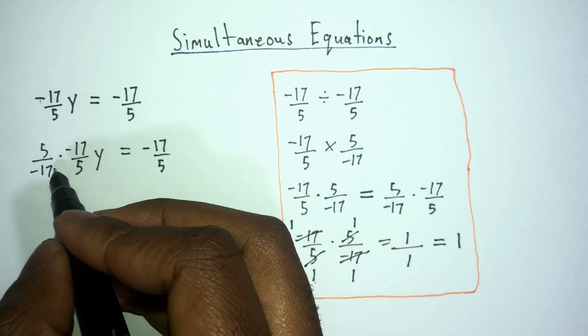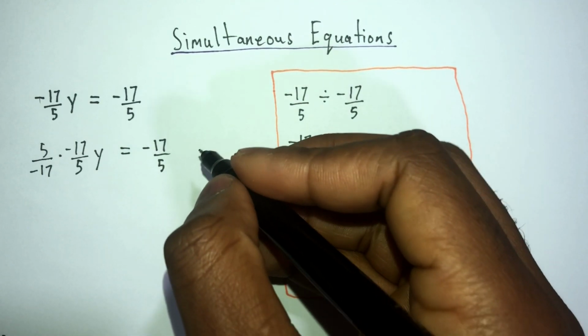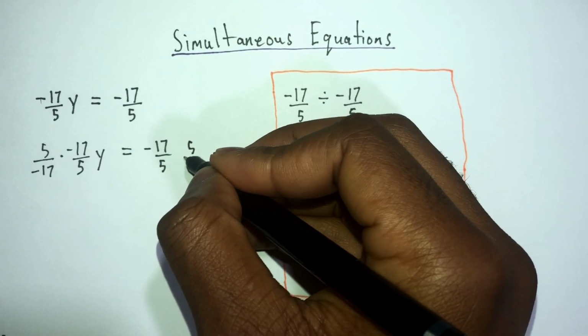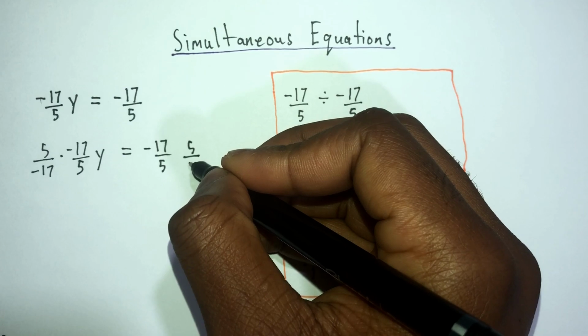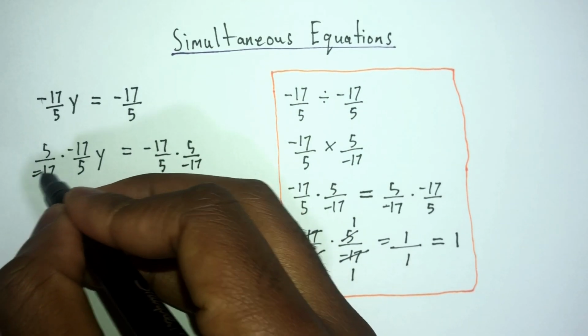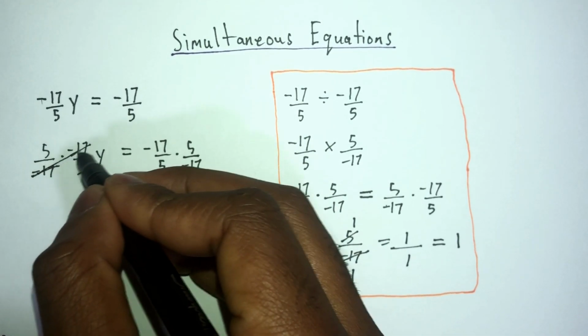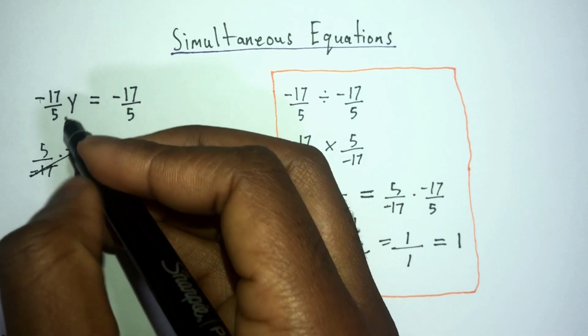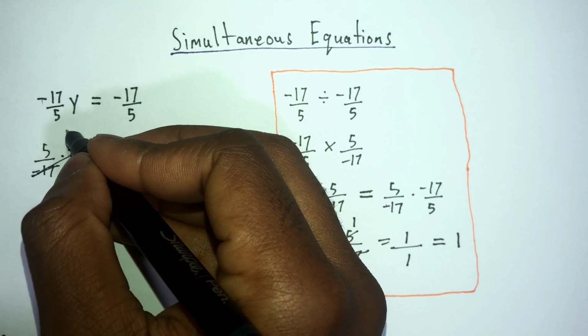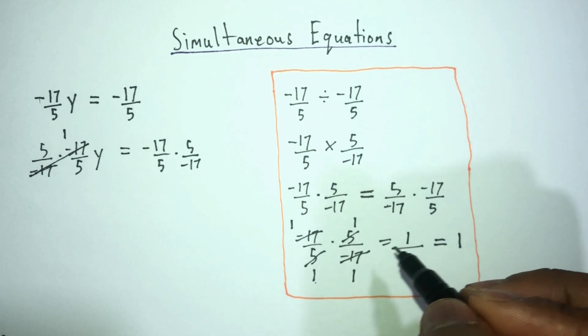And we know that whatever we do on the left side, we also have to do on the right side. So we'll have to divide by negative 17 over 5. A number into itself is 1. So we know that this equates to 1. And I explained it here.